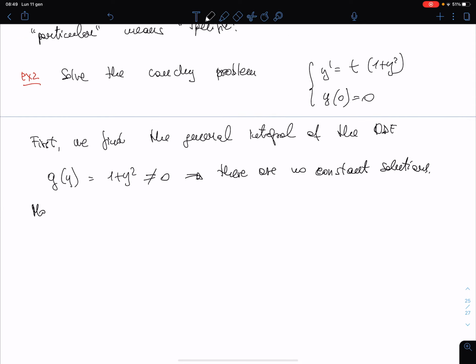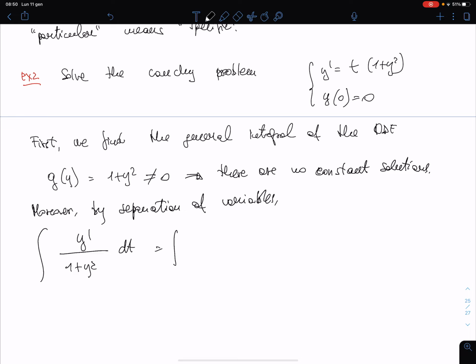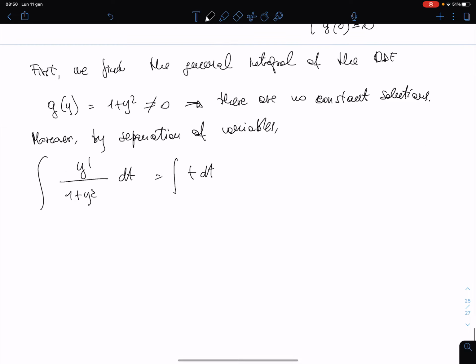Then, by separation of variables, we have y prime divided by 1 plus y squared dt is equal to t dt. Here this is equal to dy divided by 1 plus y squared.